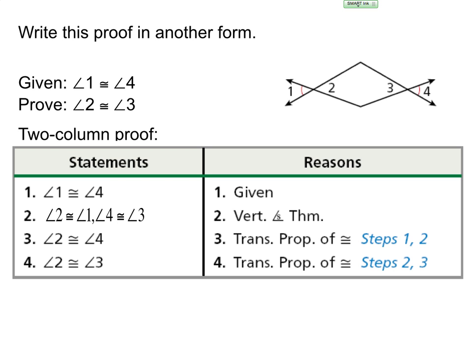See the angle 4 that's repeated? So the first angle listed would be angle 2, the last angle listed would be angle 3. So this one and this one come together to make angle 2 congruent to angle 3, and then transitive property of congruence. And that was the end. So there's another flow chart, for example.